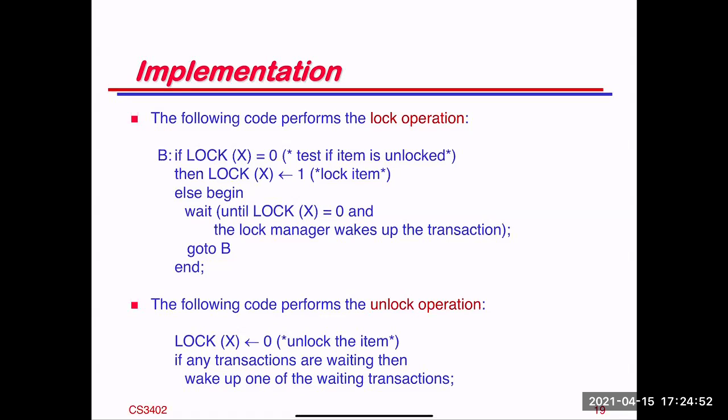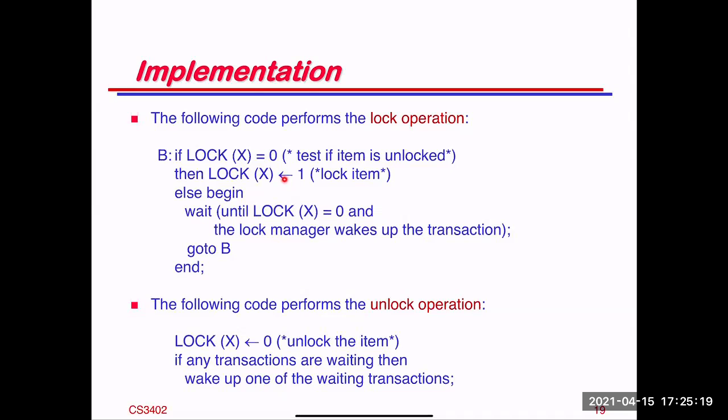So what is happening here? How do we implement the lock operation? Well, we need to test whether currently there's a lock set on the item X that we're trying to lock. We just test that by checking if lock of X is 0. We can think of lock of X as being like a Boolean. And if this test is true, so if the item is currently unlocked, then we just set the lock to 1.